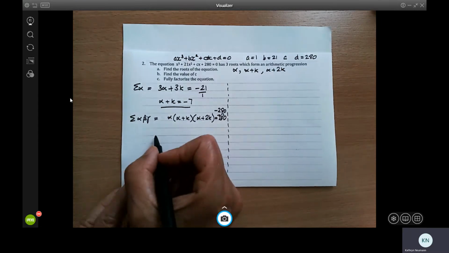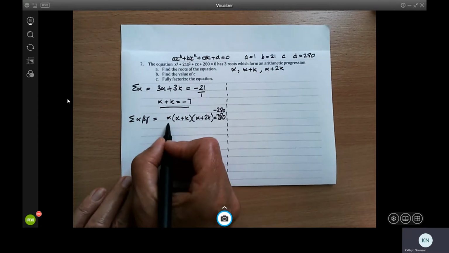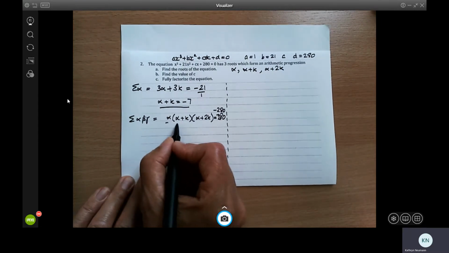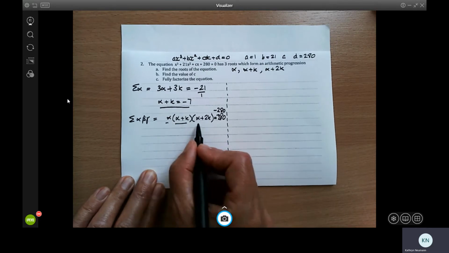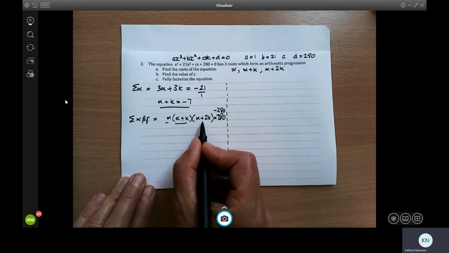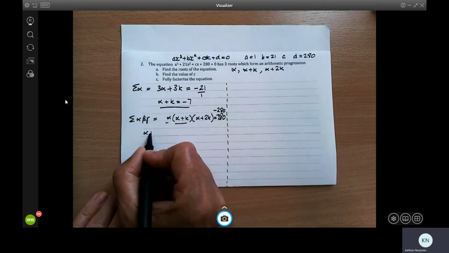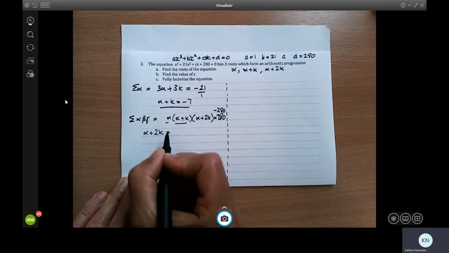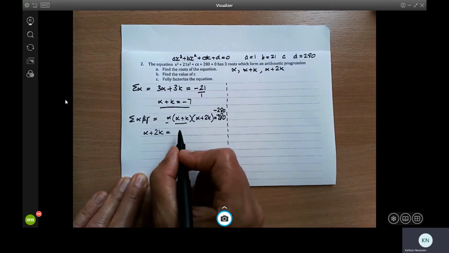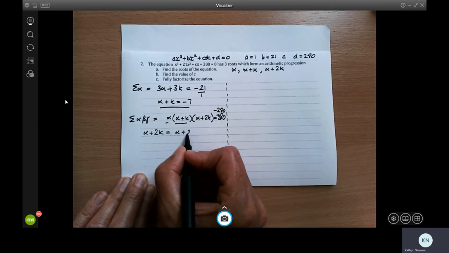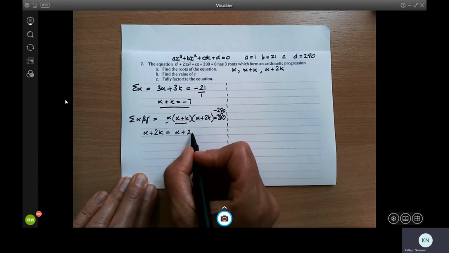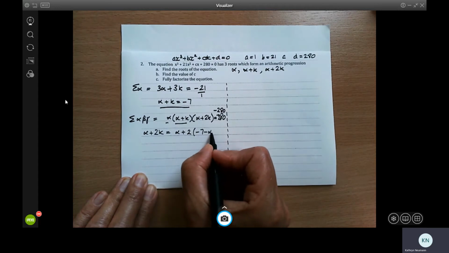So let's see what we've got. Alpha, we can just leave as alpha. We know that alpha plus k is minus 7, so we just need to rearrange this a little bit. So alpha plus 2k, what's that equal to? Well, that is equal to alpha plus 2 times k, and k is equal to minus 7 minus alpha.